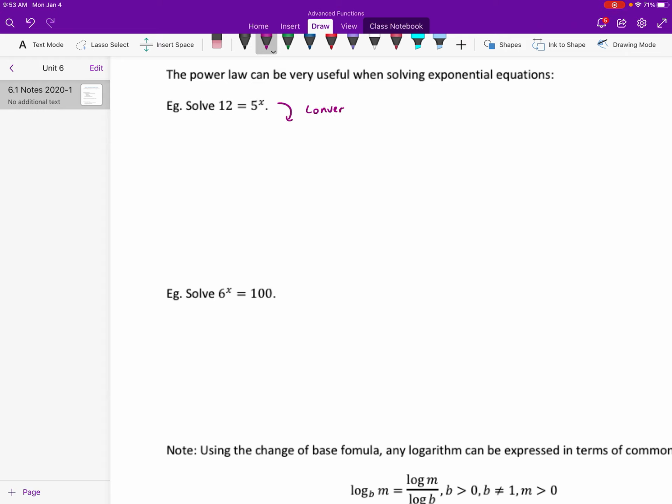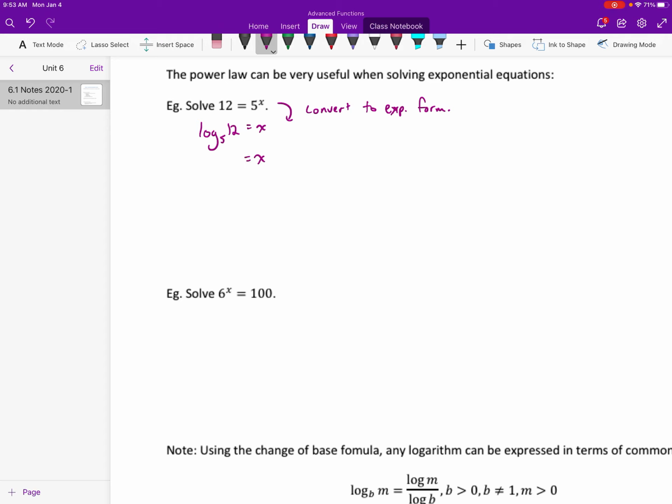Let's just convert to exponential form. To rewrite this, we would have log of 12 with a base of 5 equals x. There you go. We have the exact answer right there.